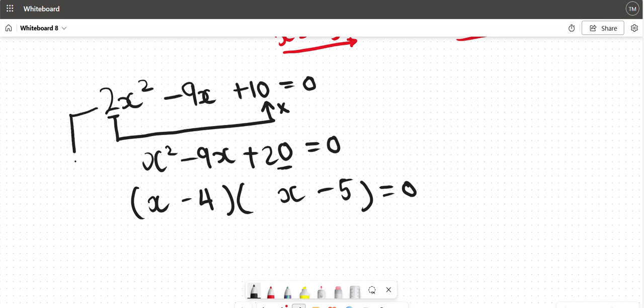But just as much as I multiplied across with that term, I need to come and divide these factors by that same number that I multiplied across. So in this case, I multiplied across with the 2. I am going to divide the 4 by the 2, and I'm going to divide the 5 by the same 2, right?